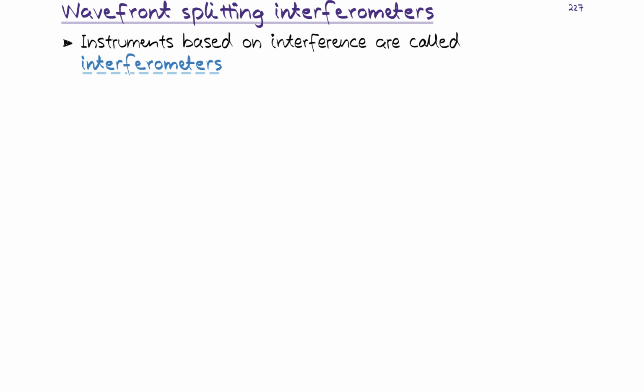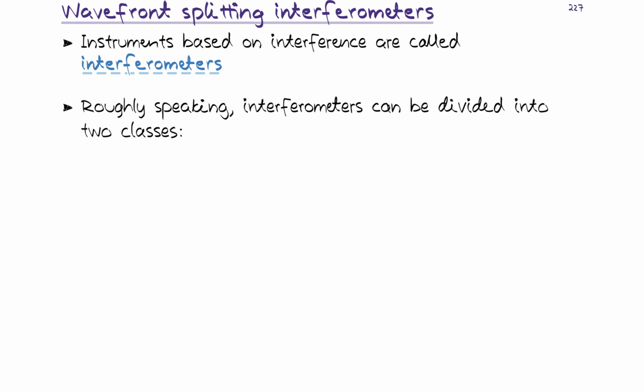The instruments that are based on interference are smartly named interferometers. This is an arbitrary division between different types of interferometers, but let's do it because pedantically it makes sense, especially in the framework of our course.